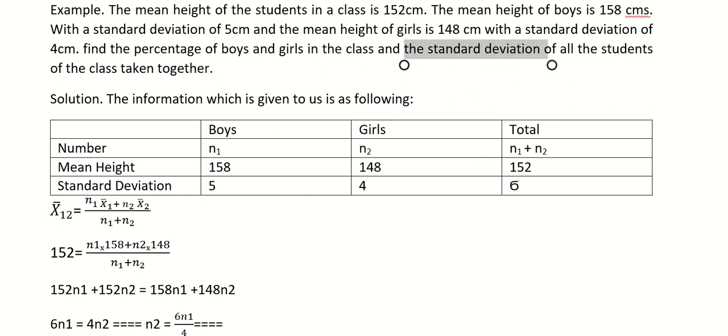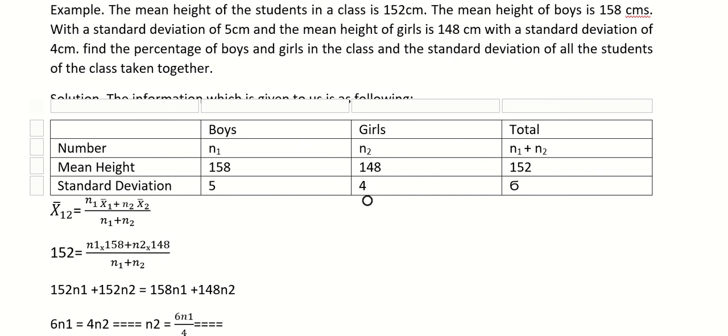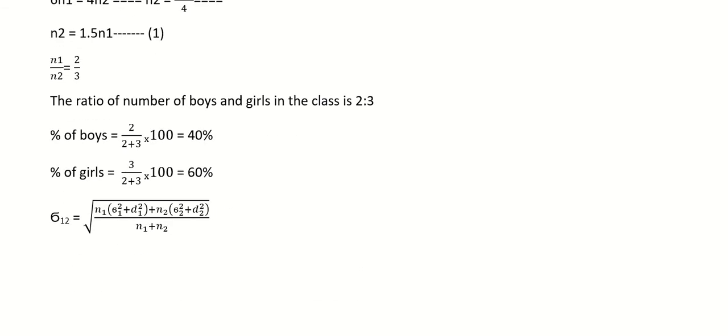Now we will move to the second part of the question, where we are supposed to calculate the standard deviation of all the students. We are given individual standard deviation, but what we are supposed to calculate is combined standard deviation, right? So we will apply the formula. The formula for combined standard deviation is this. So here n1 is again number of observations in data 1, basically number of boys. Standard deviation 1 is standard deviation of boys' height.